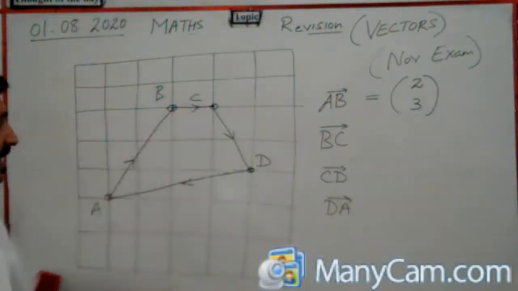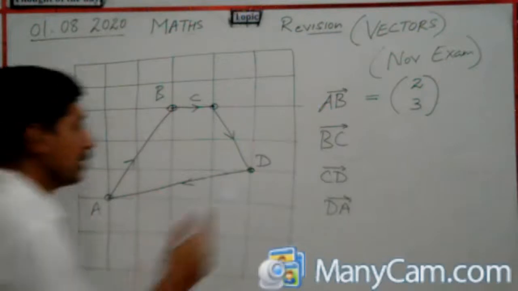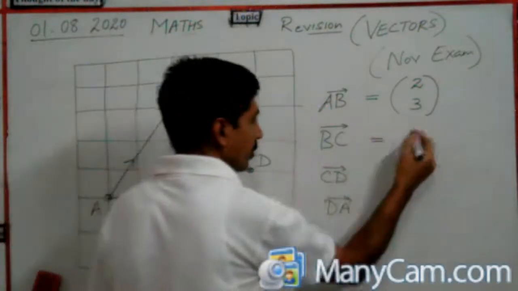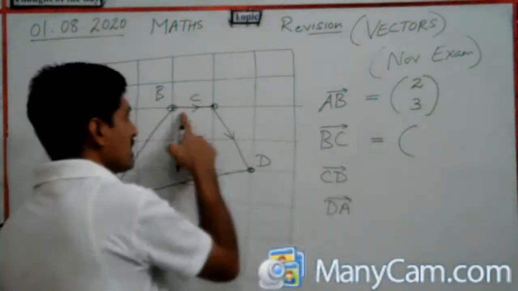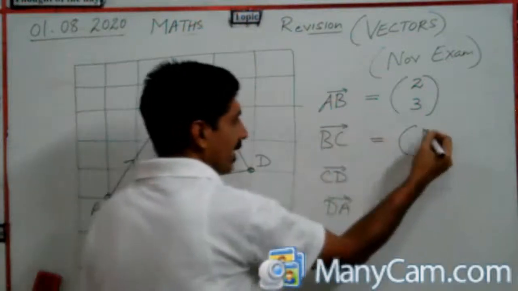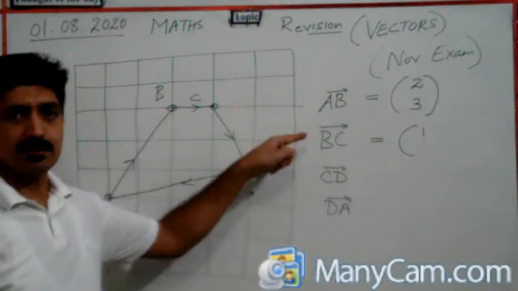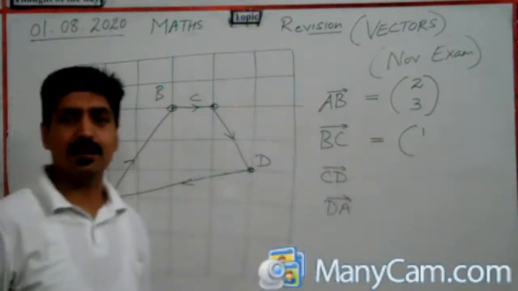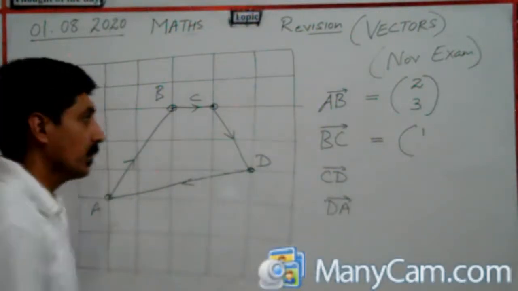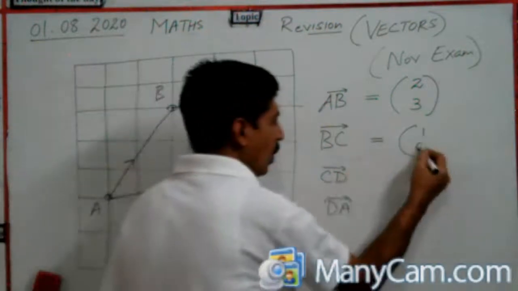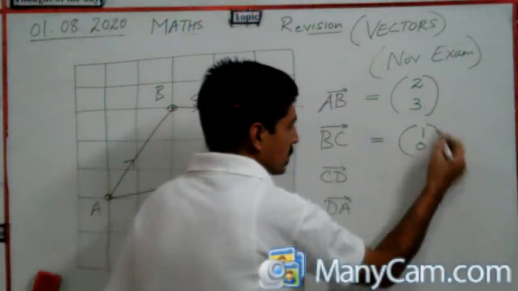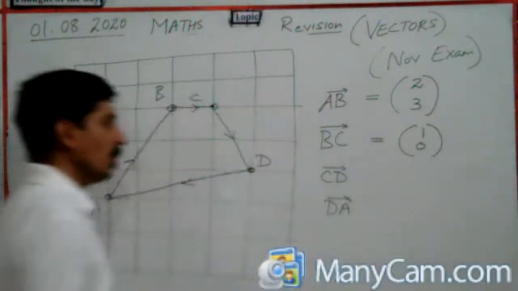Whereas B to C, this is 1 unit along the x-axis, because the horizontal axis is the x-axis, whereas along the y-axis there is no sliding movement. So we have 1, 0.